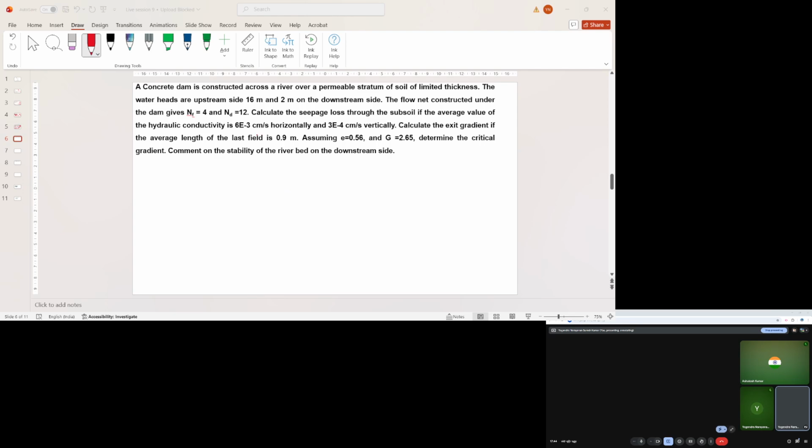So now you need to calculate seepage loss, right? For that, they construct a flow net.